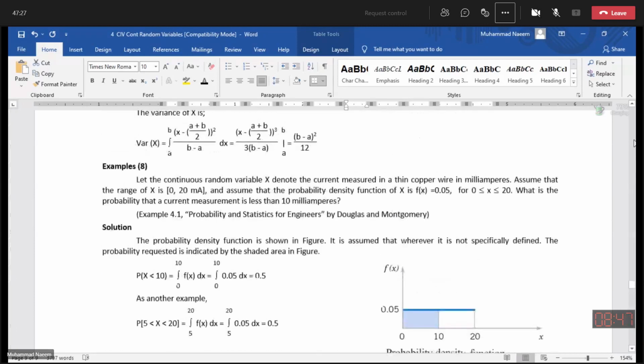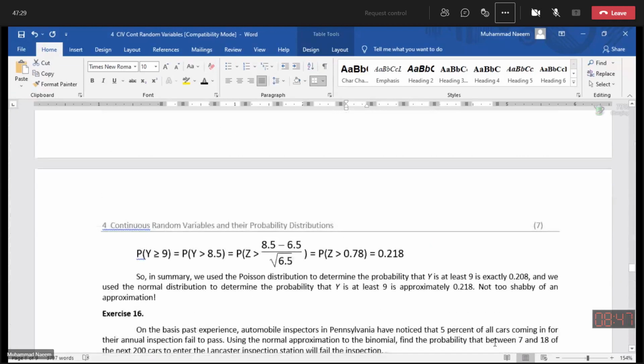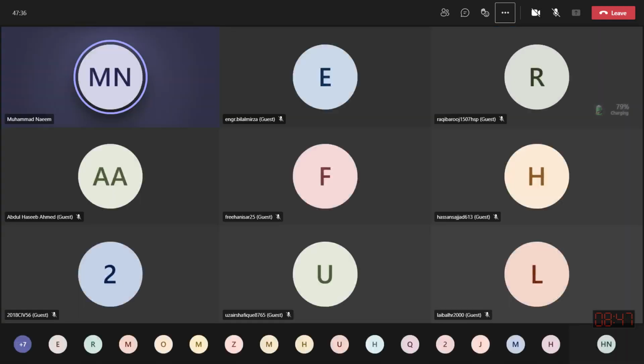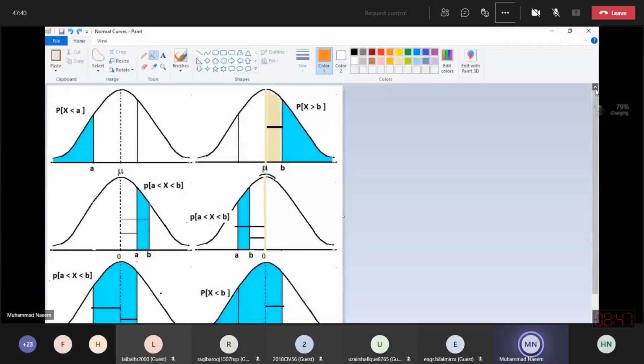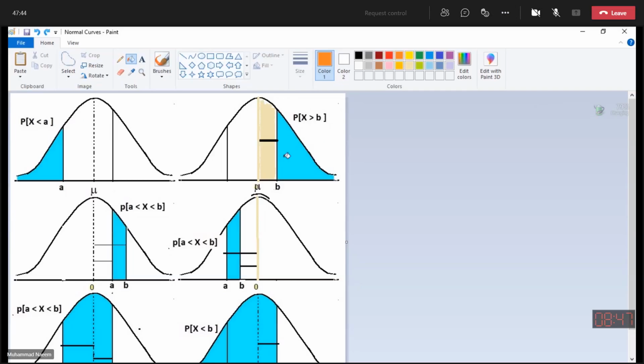Sometimes we add both the tabulated areas. Look at the diagram once again. In the first case, we subtract the tabulated area from 0.5. In this case also, we subtract the tabulated area from 0.5.